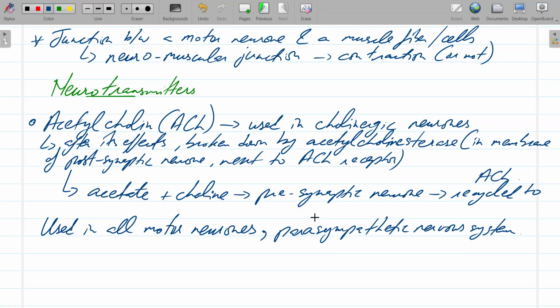Okay. There are others that have other neurotransmitters. So you have noradrenaline, and it is used by neurons in the sympathetic nervous system that I just mentioned.